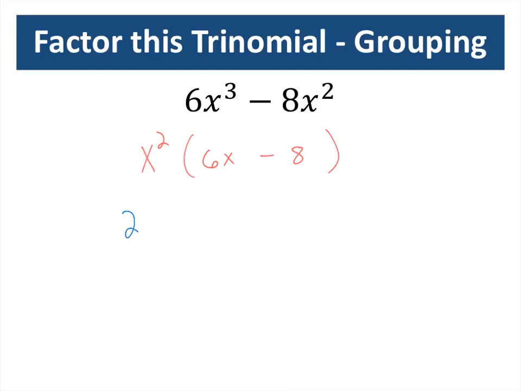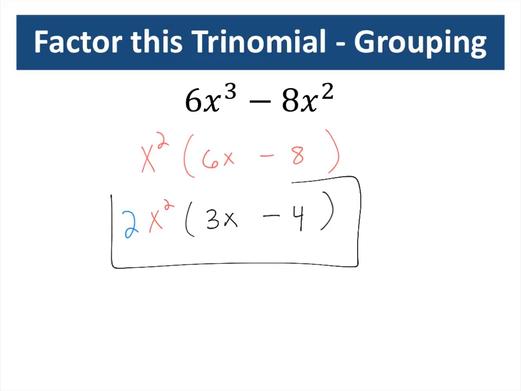We're going to pull out 2x squared. What's left over? Well, there's going to be 3x. 2x squared times 3x is 6x cubed. And then divided by 2 is 4. So this would be my factored form, believe it or not. This is the factored form, and it's called factored by grouping.